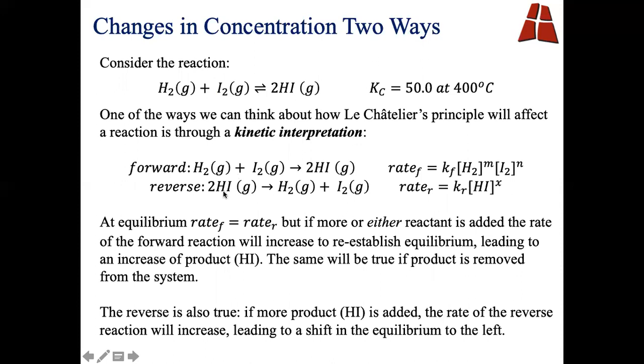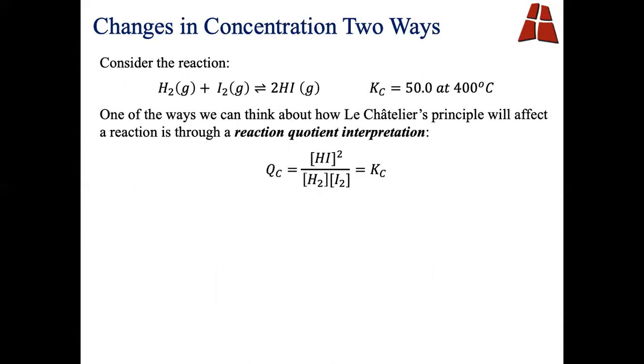The reverse is true as well: if we were to add more HI to our reaction mixture, then the reverse reaction would speed up, and that would ultimately form more H2 and I2. Okay, so that's our kinetic interpretation of Le Chatelier's principle.